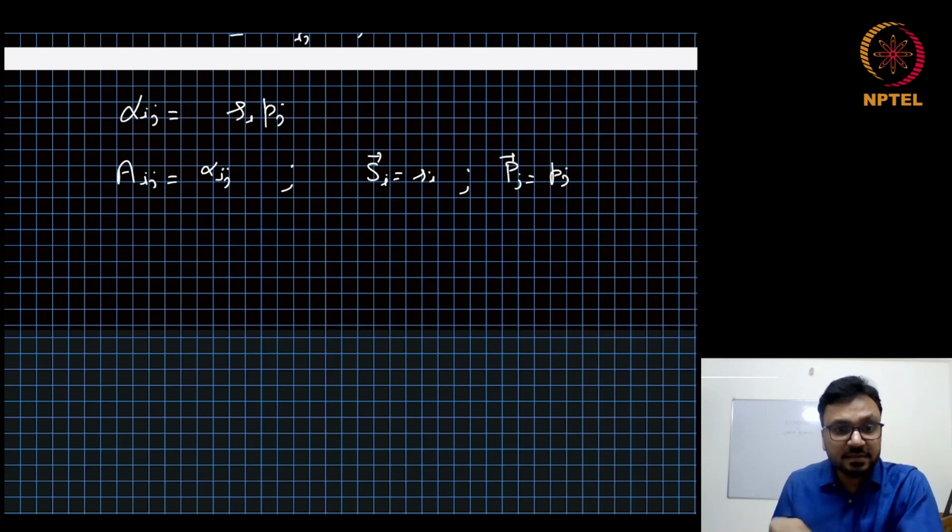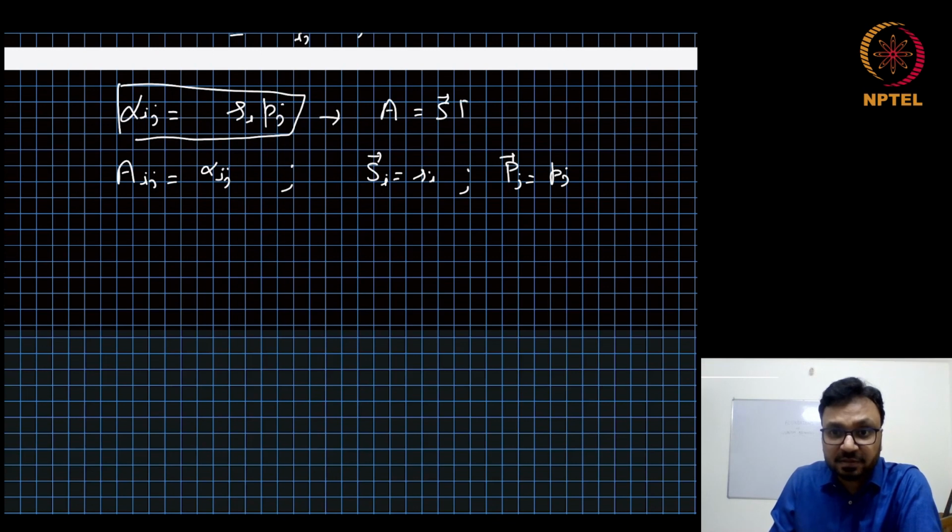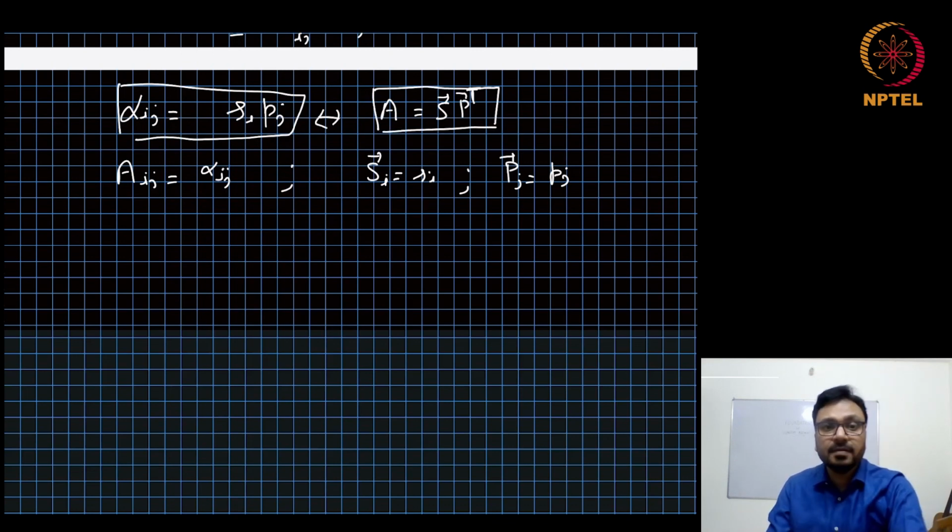Then this equation is equivalent to the matrix A being S vector times P vector transpose. So these two statements are identical: alpha ij being si pj, and the matrix being S times P transpose. S times P transpose is a matrix. It's the same.